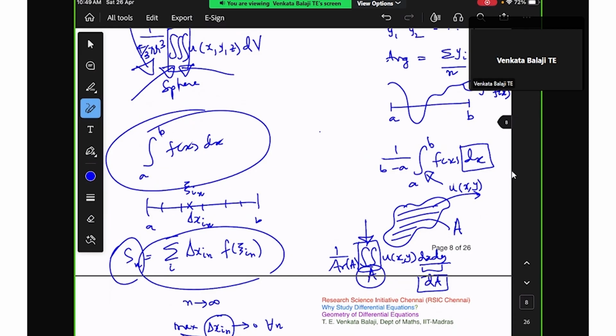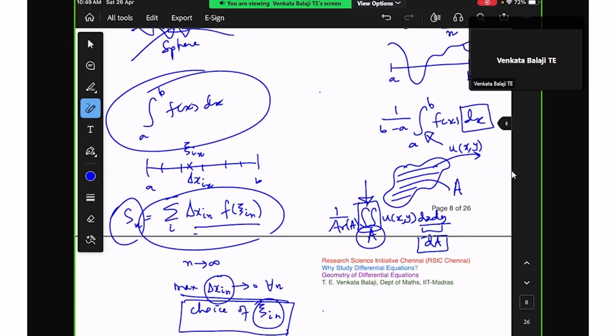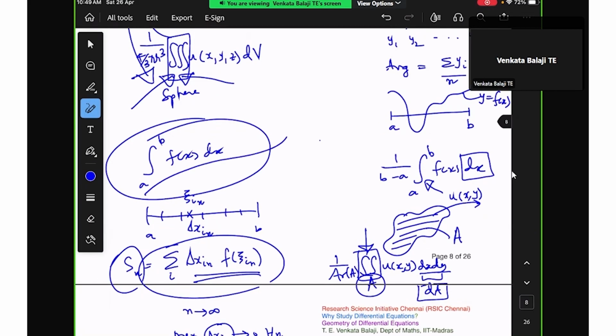So the moral of the story is that when you define an integral, this is the area under the curve. It's the approximated area under the curve, right? Basically, this is the graph of the curve. The delta x_i is this portion, and the function value here is this much. So you are only taking this area.